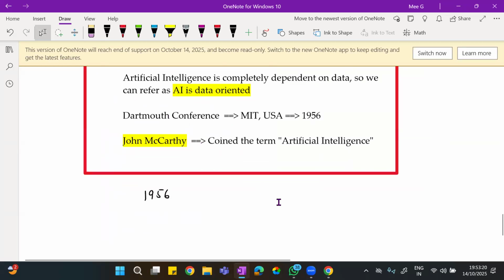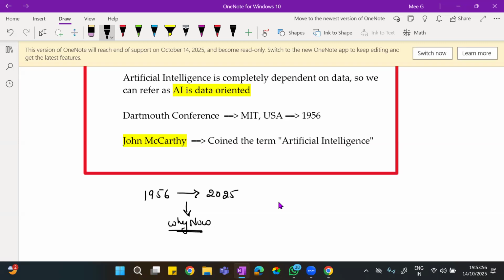Now we are in 2025. Approximately 70 years. Now, why now? Immediately the question should come: why did we take 70 years to do this? Like all of a sudden after this conference they slept, forgot about it, and now suddenly they remember and want to implement it? No, it's not like that.